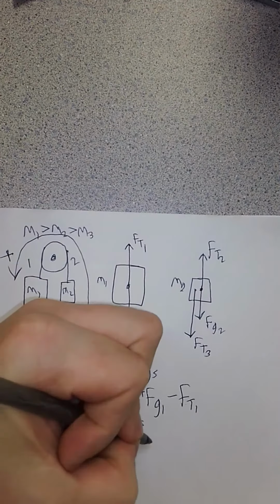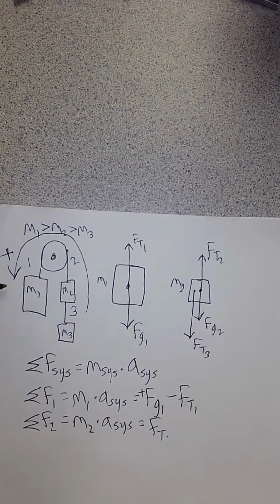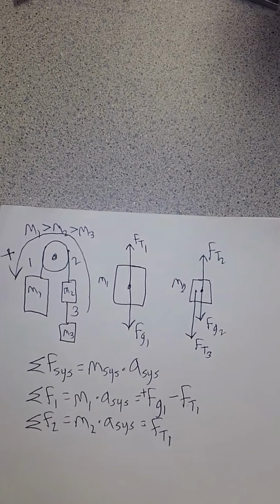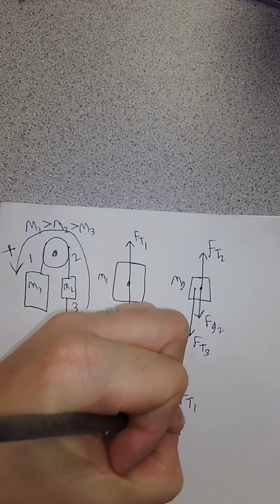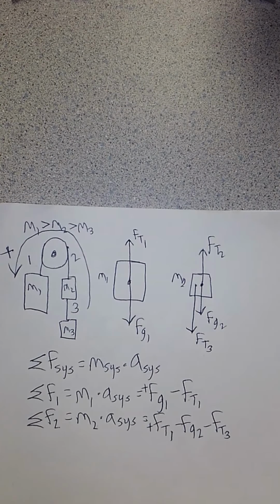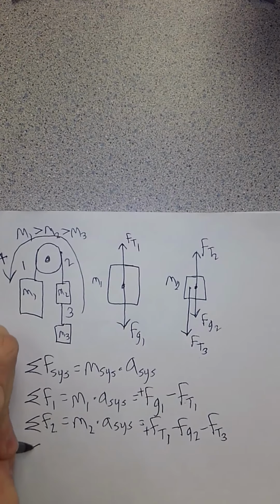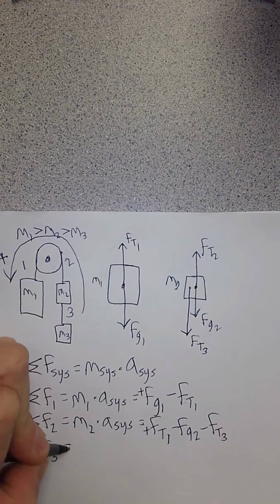So here's what I got. I've got positive FT2, which is actually FT1 based on what I said earlier, minus FG2 minus FT3. All right. Number 3, I forgot to do the diagram earlier, so I'm going to go ahead and do it right now. This is M3.